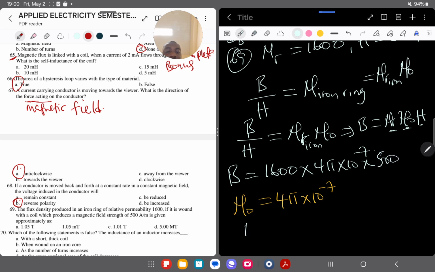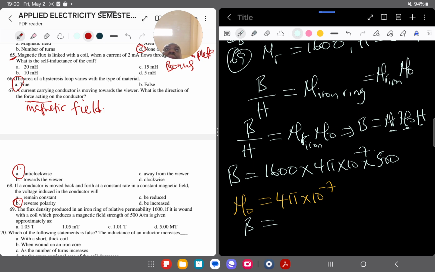So we just use our calculator: 1600 times 500 times 4 times pi times 10 to the power minus 7.